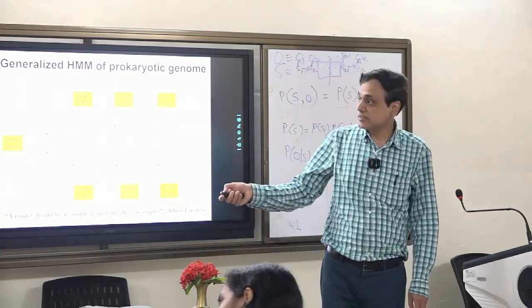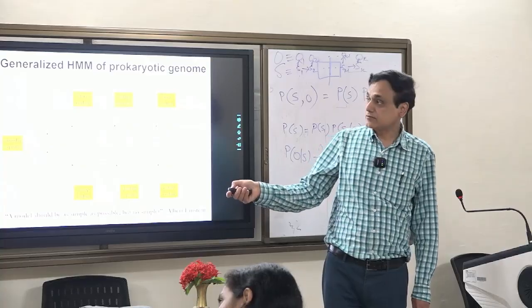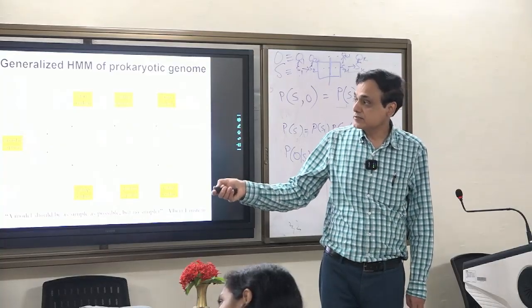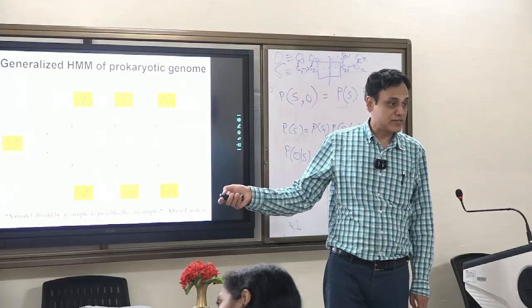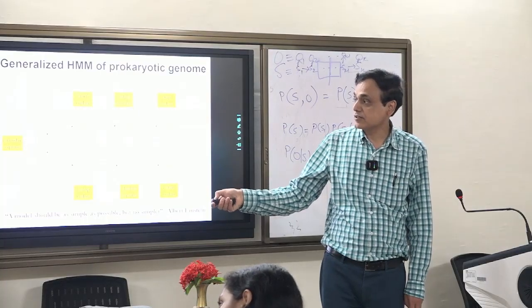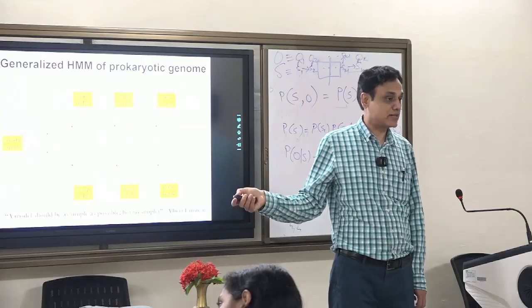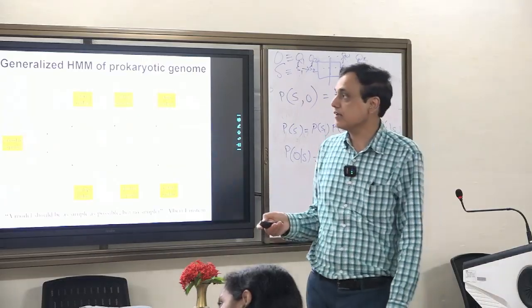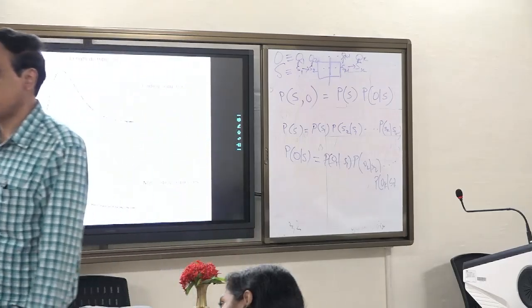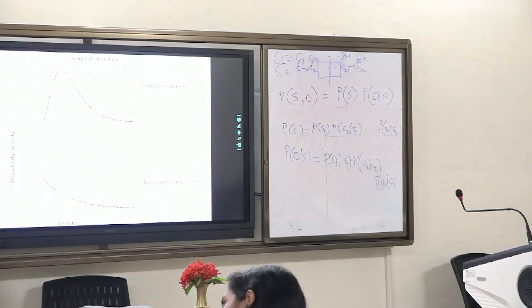So if a transition is made here, this is the complementary strand. So a stop codon, and then the shadow of the gene, and then the start codon, reverse complement. Okay.